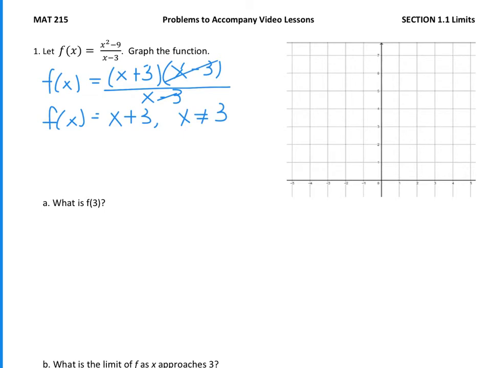Okay, so now we're ready to graph it. Notice that f of x equal to x plus 3 is a linear function, so the graph of it looks like a line. It has a y-intercept of 3 and a slope of 1. So plot the y-intercept 3 and a slope of 1. Plot a few points here.